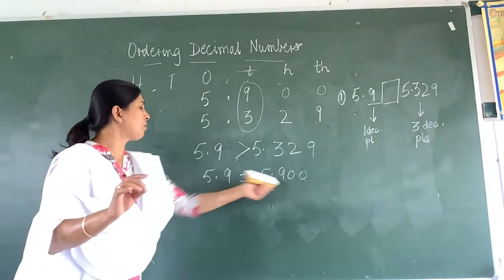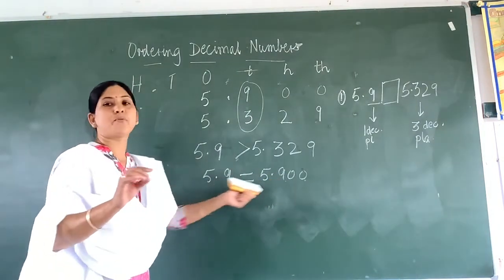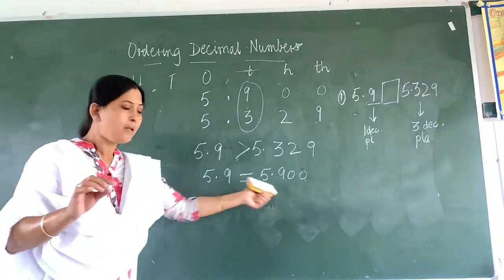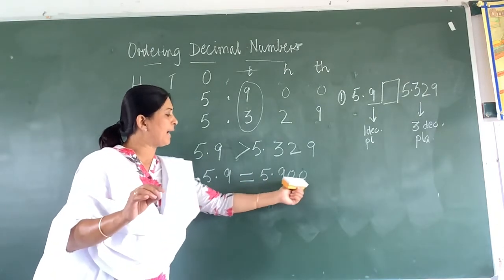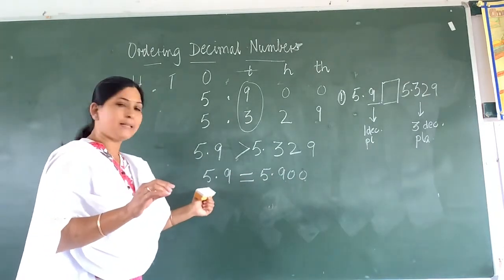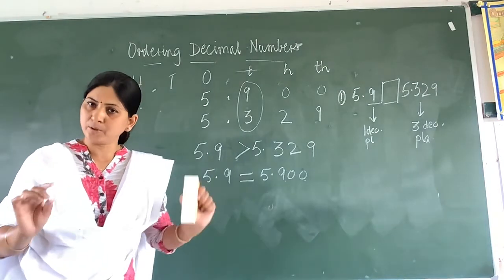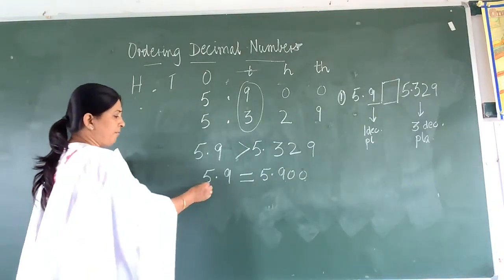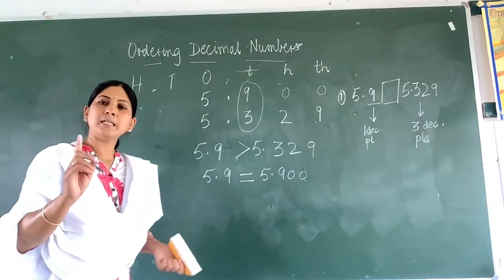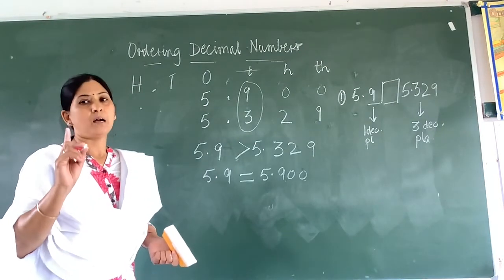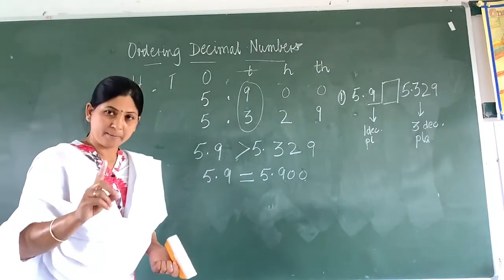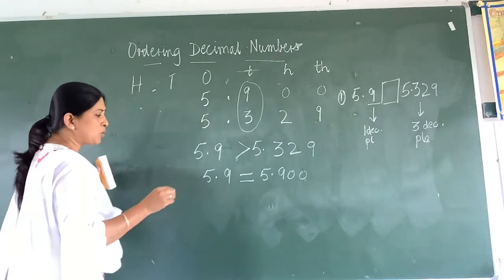Now let me show you how these two decimal numbers are equivalent decimals. Why did I add 2 zeros and still say that 5.9 is equal to 5.900? Now you know 5.9. Can we write this as a decimal fraction? Yes. How do we do it, children?